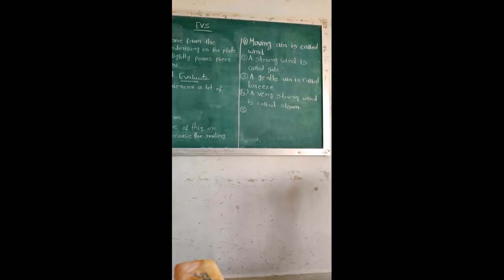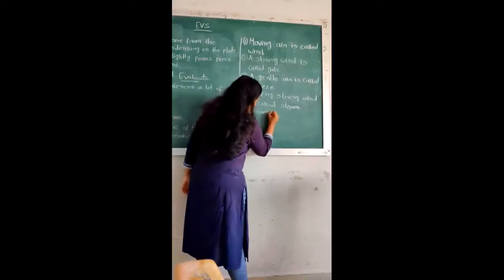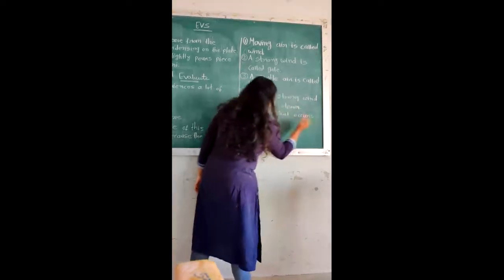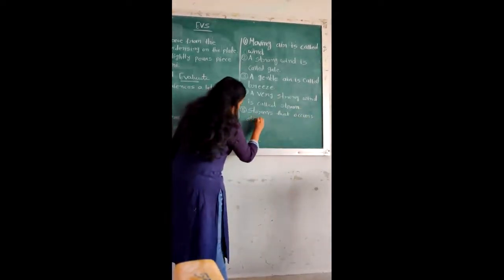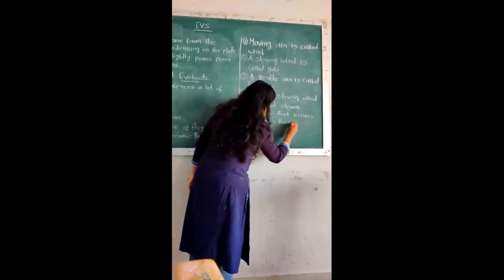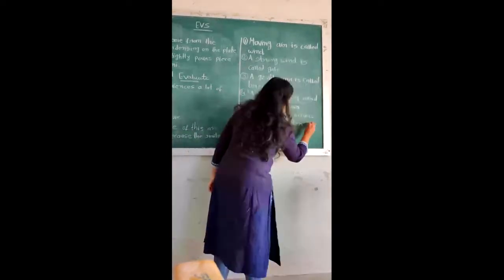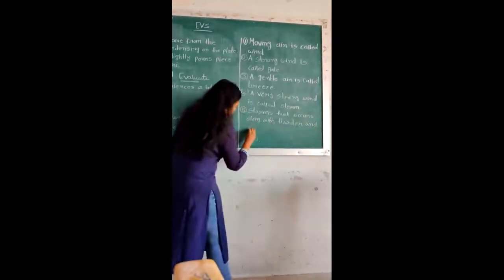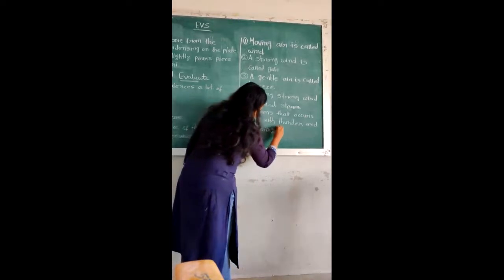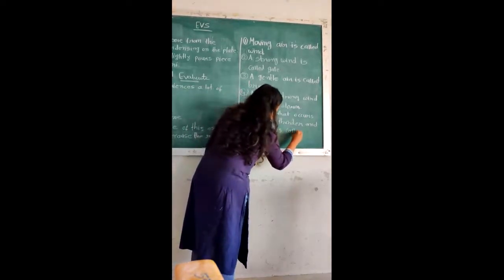A storm that occurs along with thunder and lightning is called thunderstorm. Yes, very nice. Thunder and lightning is called thunderstorm.